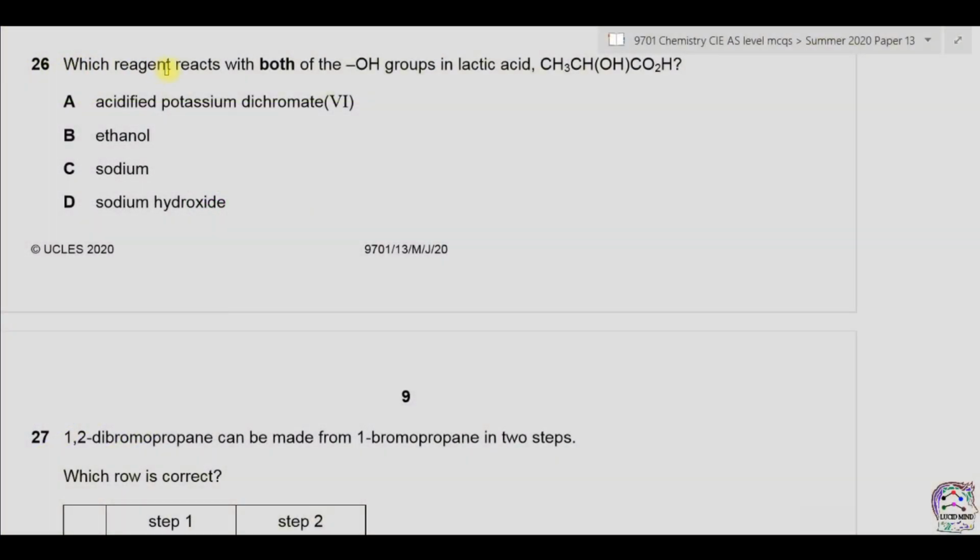Question 26. Which reagent reacts with both of the OH groups in lactic acid? Let's draw the structure of lactic acid. We have CH3, CH, OH and C double bond O, OH. Now this is secondary alcohol group and this is carboxylic acid functional group. A. Acidified potassium dichromate.